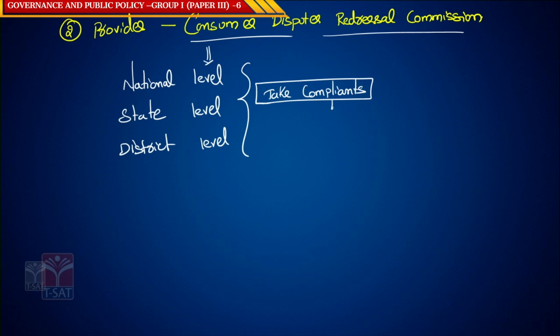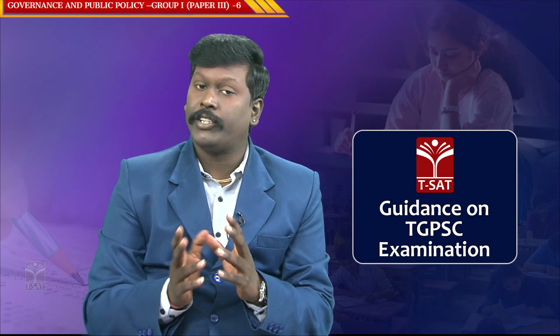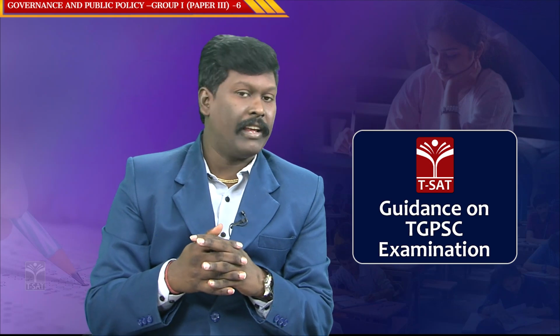They take the complaints of overcharging. See, some people charge more than MRP. When any product is charged more than MRP, you can approach a consumer dispute redressal mechanism or commission. This institution ensures that your complaint is taken, they register it and they look after the case.